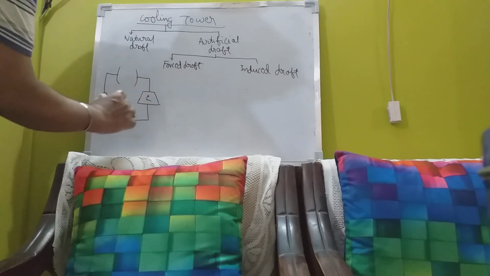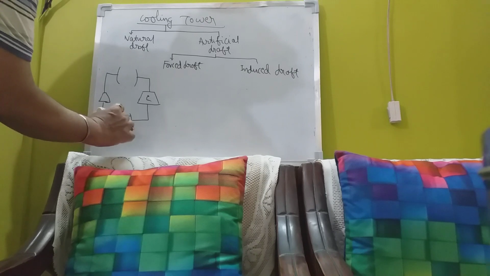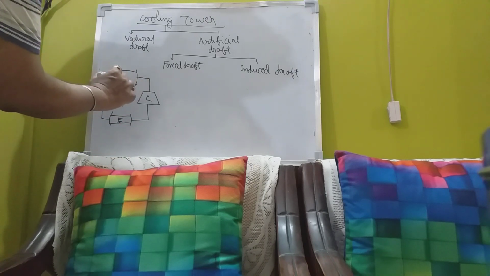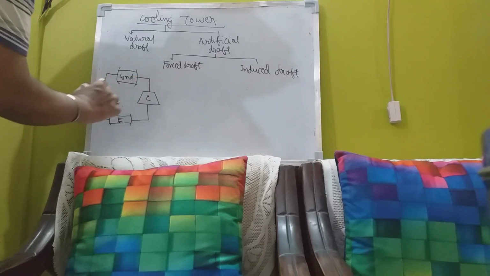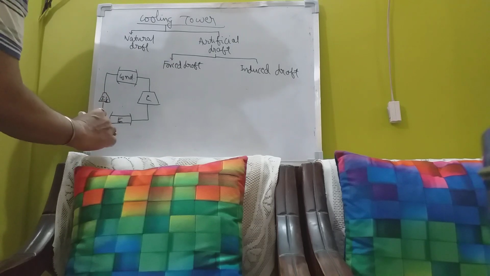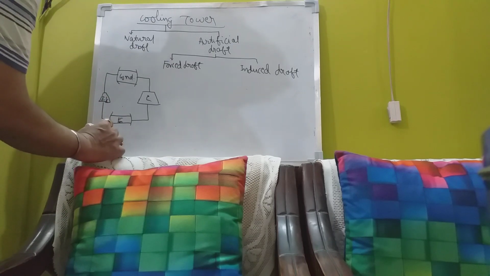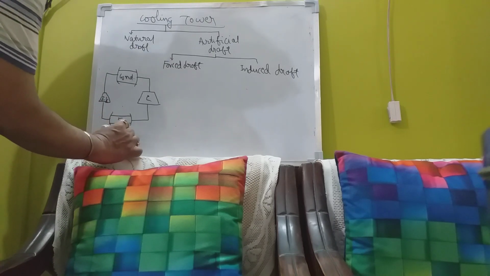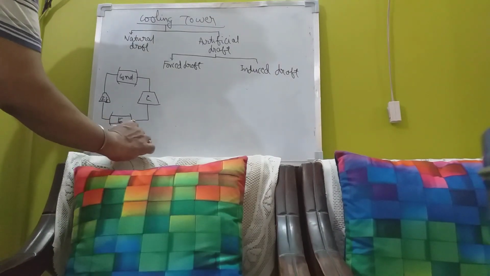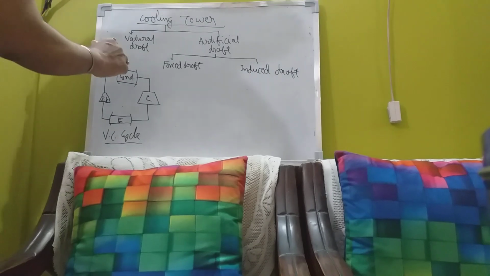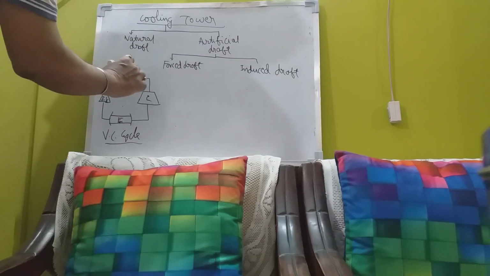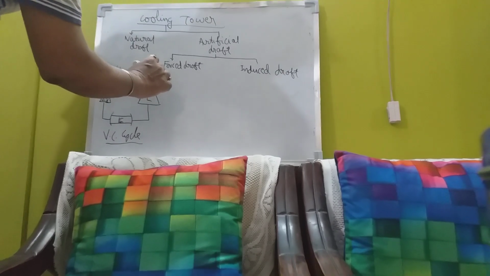This is compressor, this is evaporator, this is condenser, this is expansion valve. So this is VC, vapor compression cycle, which you know very well. Now I am trying to show you why cooling tower is used, so that there is no confusion regarding that.